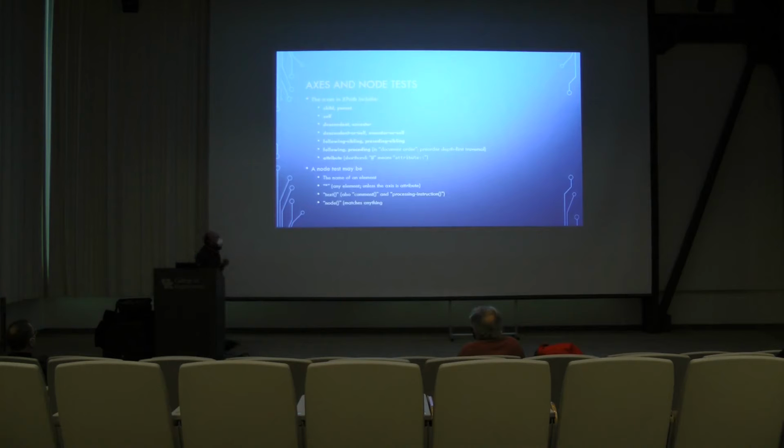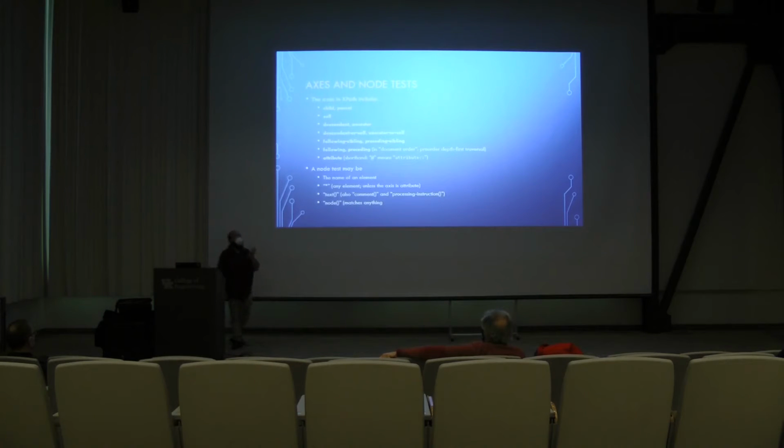And then those node tests can be a name, which will refer to the name of an element. Text nodes don't have names. The document might have a name, but we usually don't care about that in XPath. Some of those other special node types I mentioned, like processing instructions and namespaces, can have names. I can also say I don't really care which things I'm looking at by giving star.